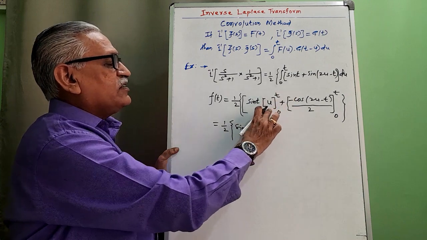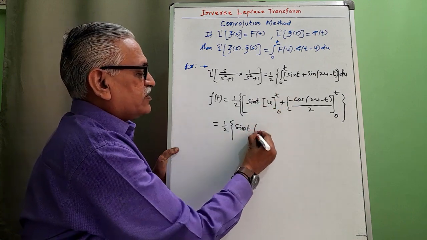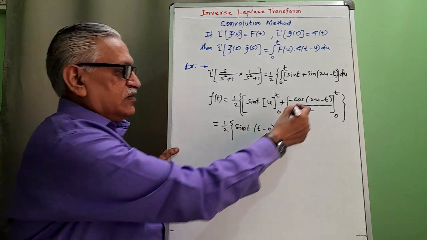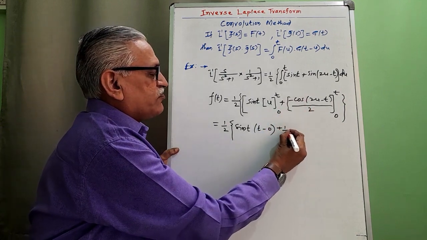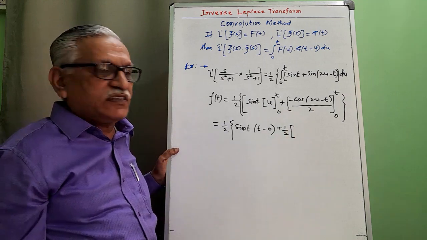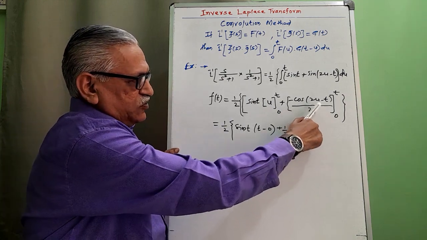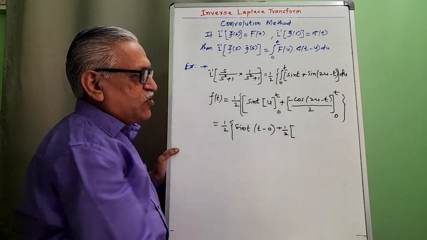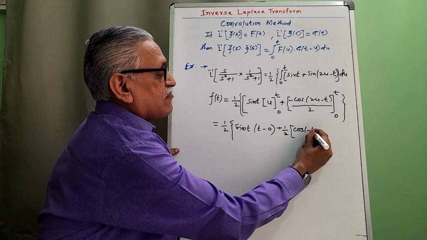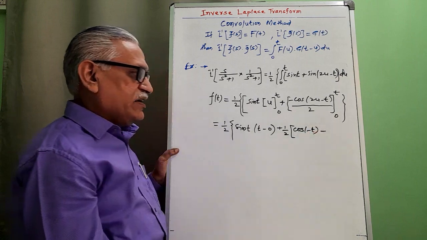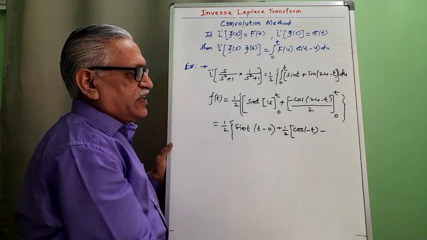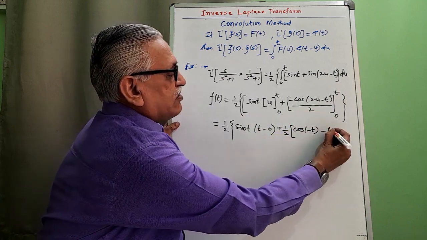Upper limit is t, lower limit is 0, we get t minus 0, plus 1 by 2. Minus sign I will cancel by changing the limit. When u is 0, it becomes cos of minus t, minus, when u is t, 2t minus t, we get cos t.